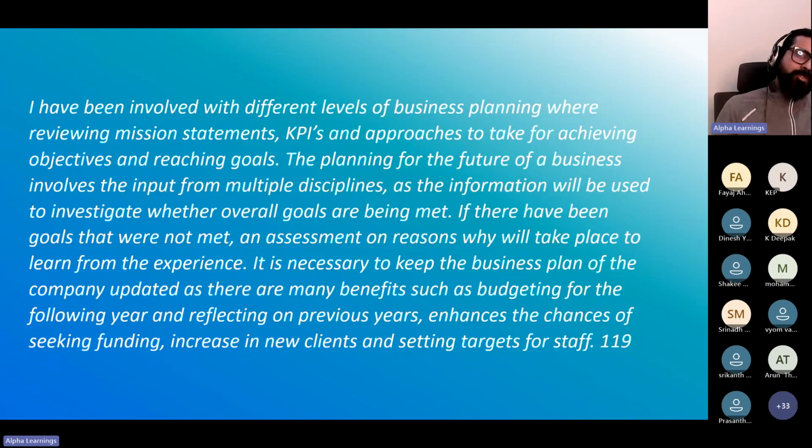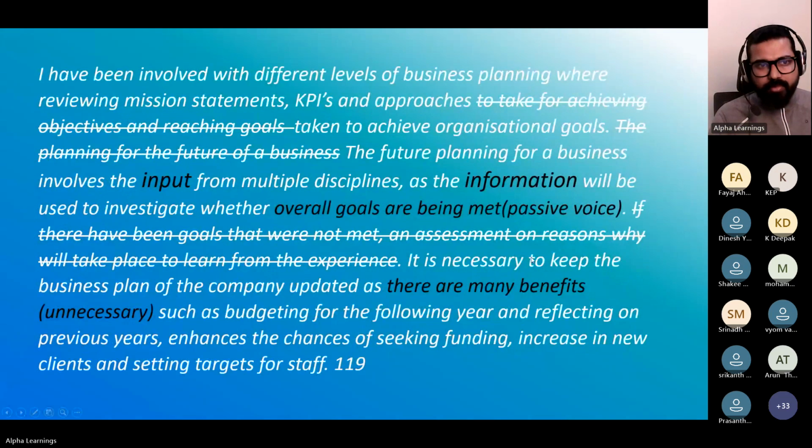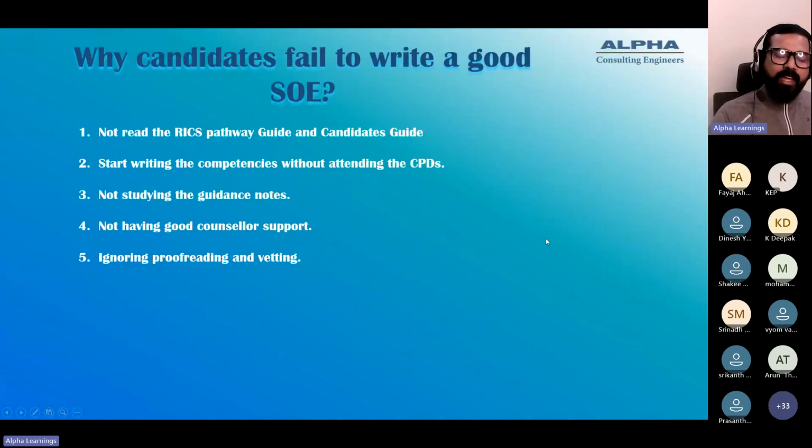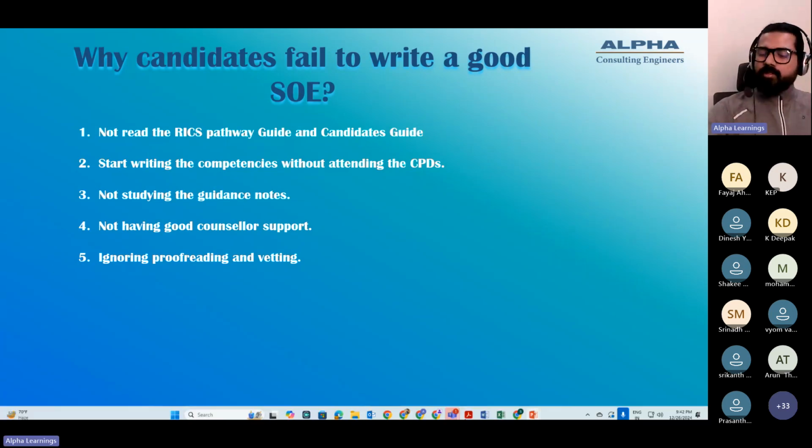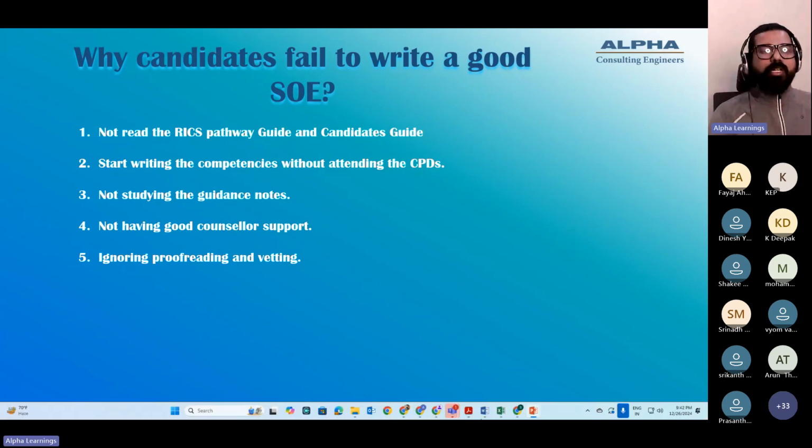So always try to make the writing concise, with short sentences, so that it is easy for the reader to read and understand. You can paraphrase the writing. If you are unable to compress the writing, you can paraphrase it through different tools and shorten the write-ups.